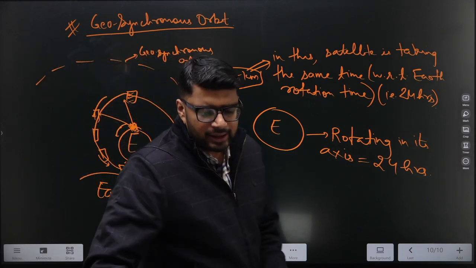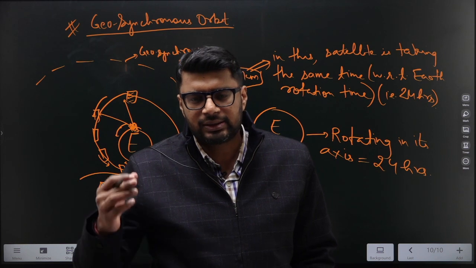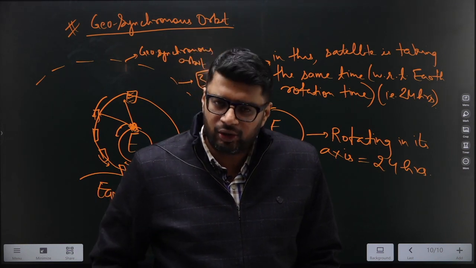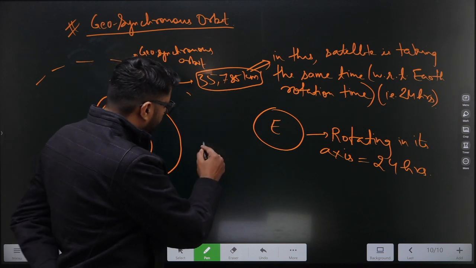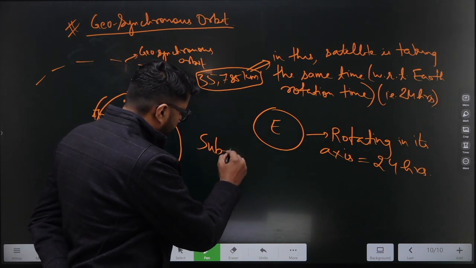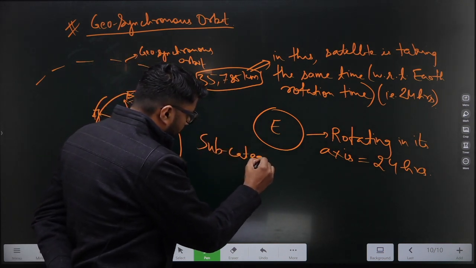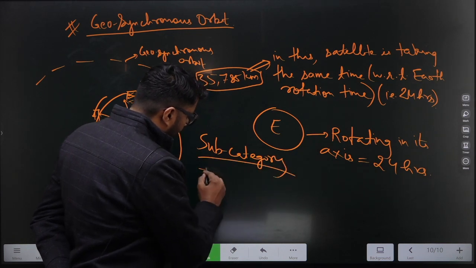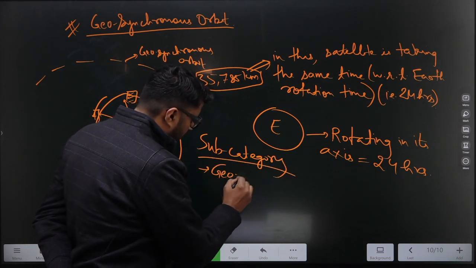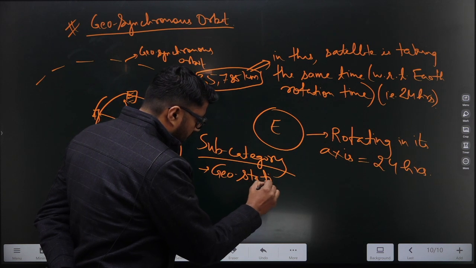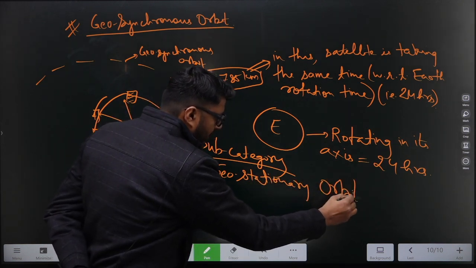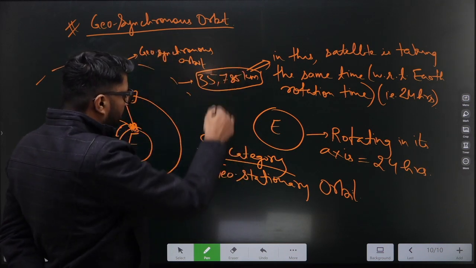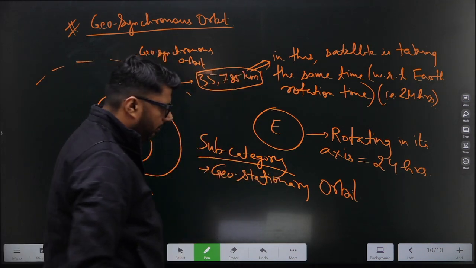Here there is also a subcategory. The subcategory is the geostationary orbit. There is a subcategory of geosynchronous, called the geostationary orbit.